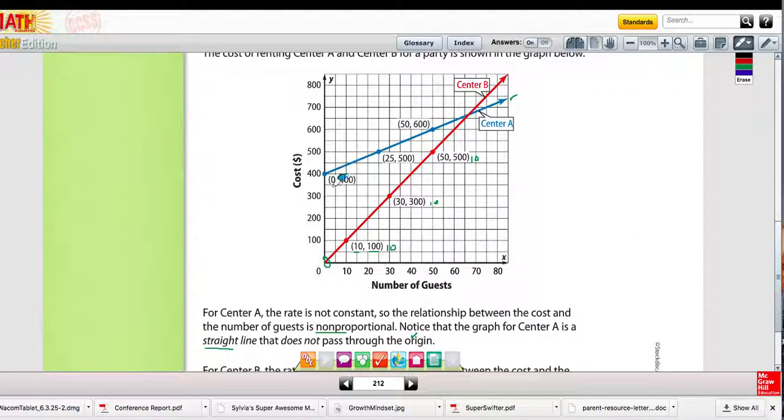Whereas if we take the values on center A's line, 400 divided by 0 is undefined. So let's move on to 500 divided by 25, which is 20. And then 600 divided by 50 is not 20.